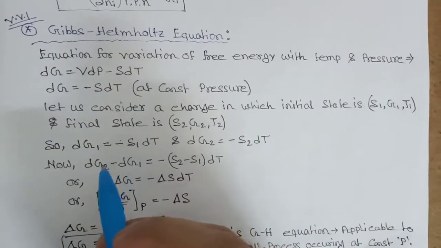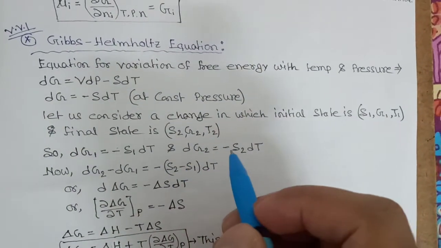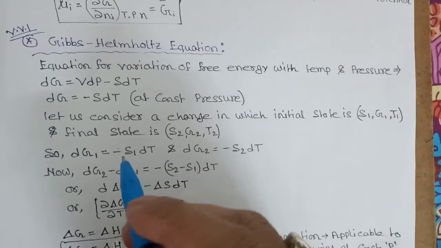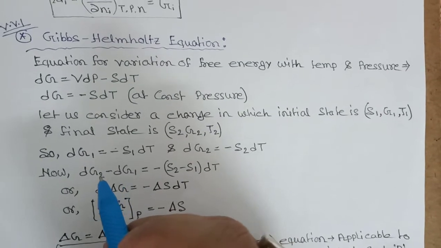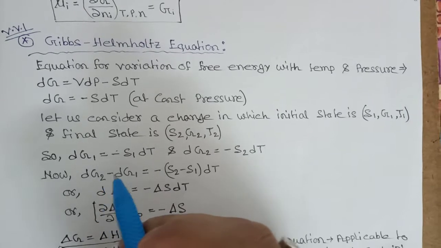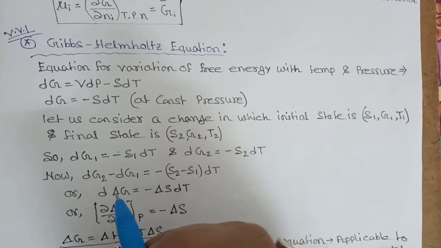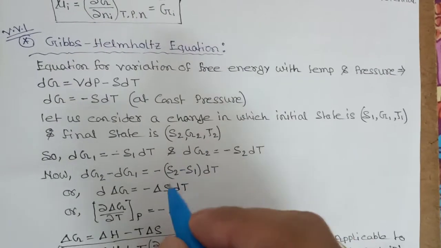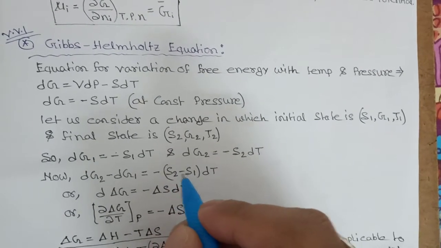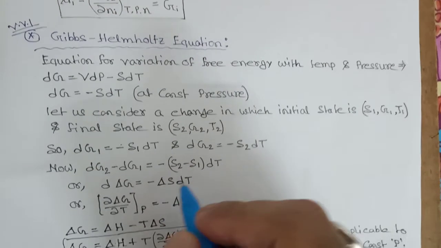Now by subtracting dG1 from dG2 we get minus of (S2 minus S1) dT. This is nothing but the change in Gibbs free energy, because Gibbs free energy of final state minus Gibbs free energy of initial state is the change in Gibbs free energy. So ΔG is equal to G2 minus G1, and this is the change in entropy, entropy in final state minus entropy in initial state. So in place of S2 minus S1 we can write ΔS.